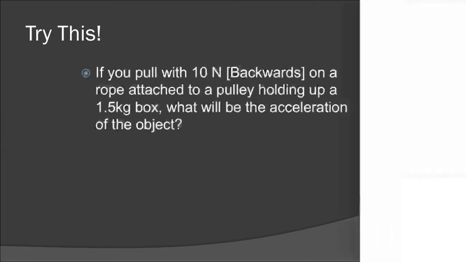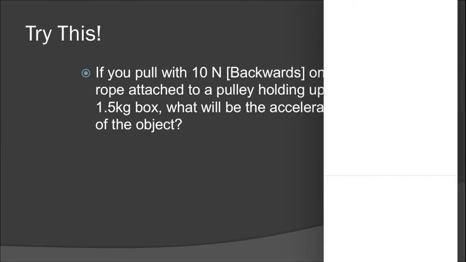Now normally this would be a very simple question, but with a rope and a pulley, it changes how our forces work slightly. Normally, if you have your box and you pull on it 10 newtons backwards, then your free body diagram will look like this, with the applied force, gravity, and your normal force.